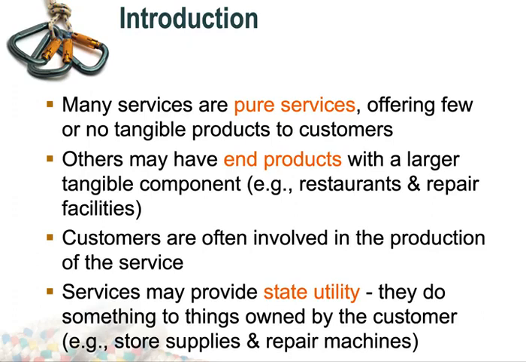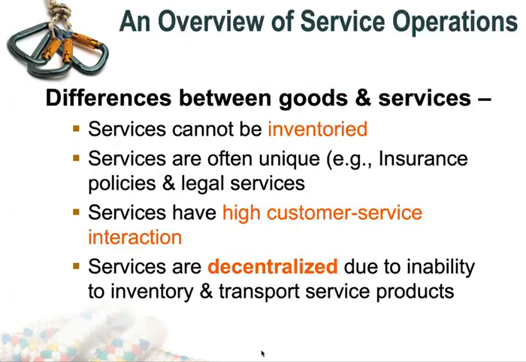For example, restaurants and repair facilities are purely service, but also end up with an end product. Customers are often involved in the production of the service, and service may provide state utility. It means that they do something to things owned by the customer, for example store supplies, groceries, repair machines, etc.